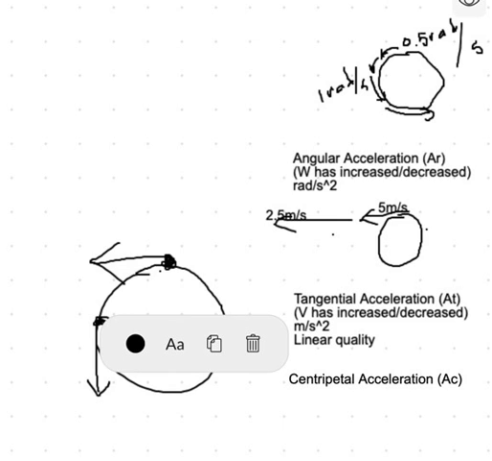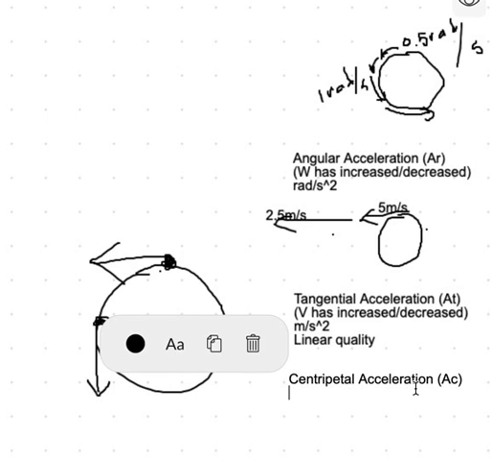And centripetal acceleration is the most important one because it tells you that an object is moving in a circle. Even if there's no angular acceleration, because the angular speed is not increasing, and even if the tangential speed is not increasing, we can have objects moving in a circle that don't have angular acceleration and don't have tangential acceleration because they're moving at a constant speed.